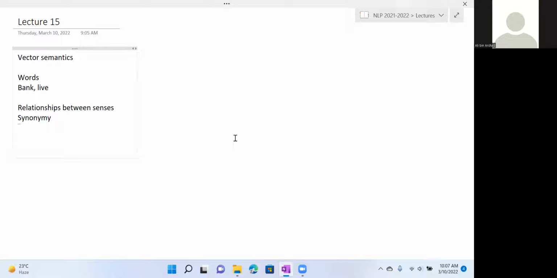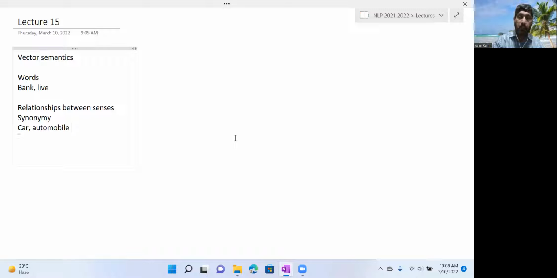If one word is used in running text, you can use the other in that same place, and the meaning of the whole sentence would not change significantly. So those two words are synonyms, things like car and automobile. You can replace one with the other in most running text without changing the meaning significantly. Of course, this is a relationship that exists between the sense car and the sense automobile.